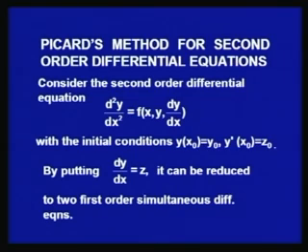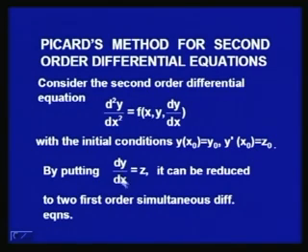Next, we discuss Picard's method for second order differential equations. Let us consider the second order differential equation d square y over dx square equal to f x y dy by dx with the initial conditions y at x naught equal to y naught and dy by dx at x naught equal to z naught.